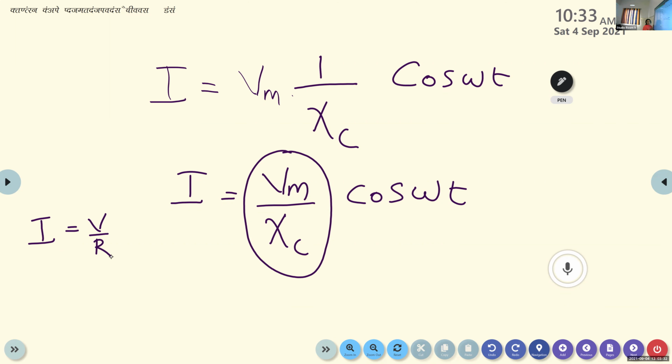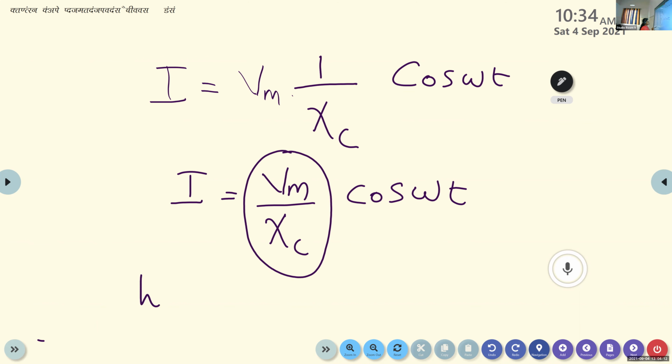In the case of inductor, we have Im is equal to V by chi L. Similarly, here we have another expression, Vm by chi C. What does this Vm by chi C represent? Im. Okay, so this term Vm by chi C represents Im.